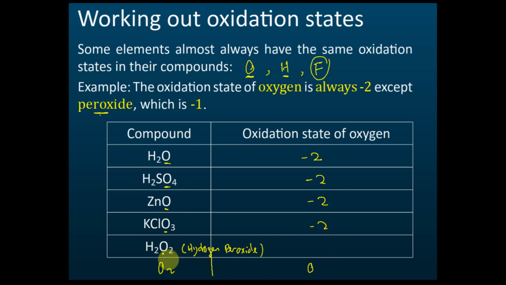Hydrogen peroxide is different; the oxidation state is -1. So the oxidation state of oxygen is always -2 except in peroxide. Peroxide seldom comes out, so if you can't remember this, it's fine. Just remember the oxidation state of oxygen is -2.